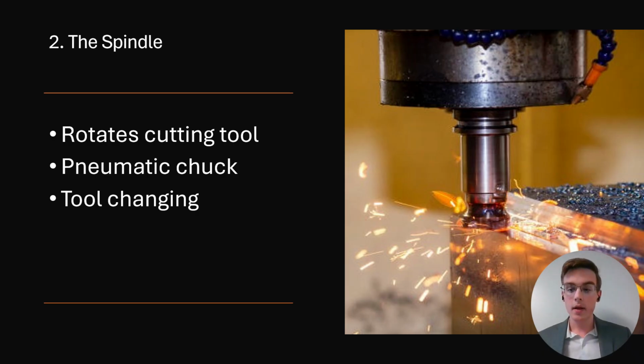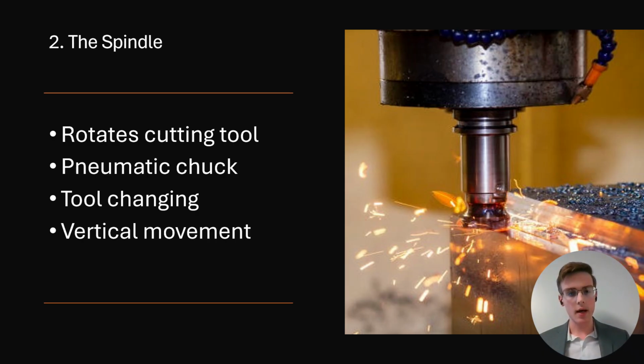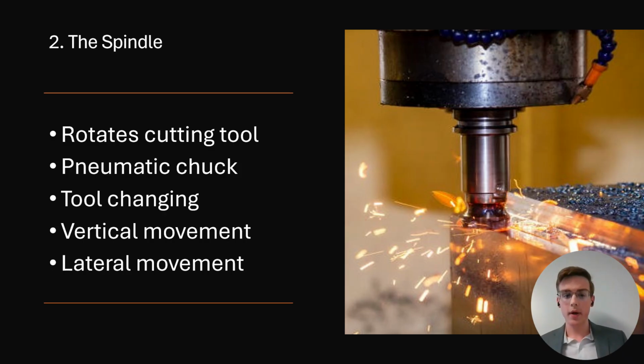And then in most mills, that is 3-axis ones, the spindle moves vertically along the z-axis. So the work table moves horizontally, and the spindle moves up and down as needed, which provides all six directions of movement. There are some mills where the spindle is situated horizontally, and so it moves laterally, and the work table can move up and down.